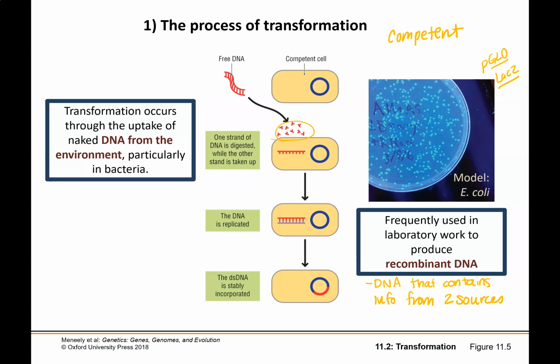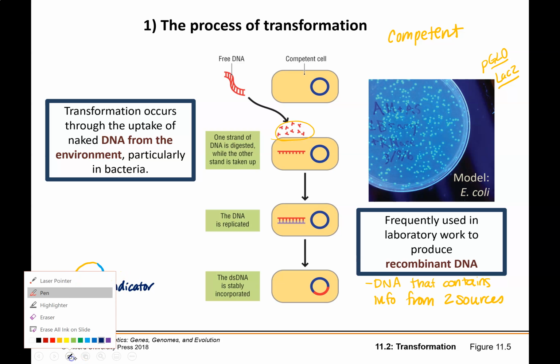You know that if it is producing this glow or producing the right color, that it has actually taken up the plasmid. So in a lab, you might have a plasmid that has your gene of interest and an indicator gene, so that you know that your gene of interest has actually been taken up.